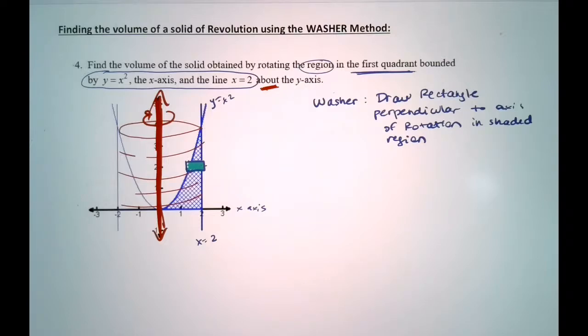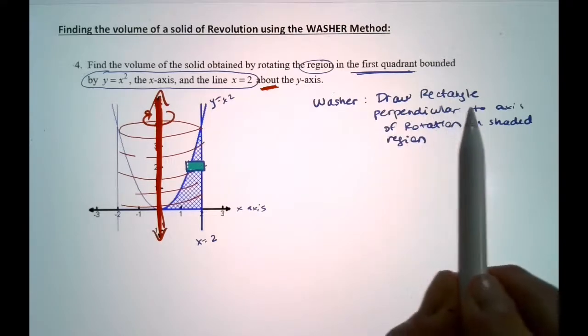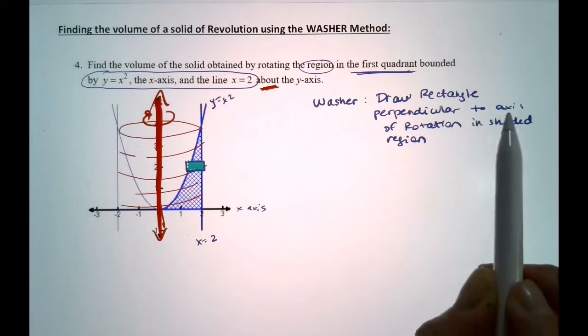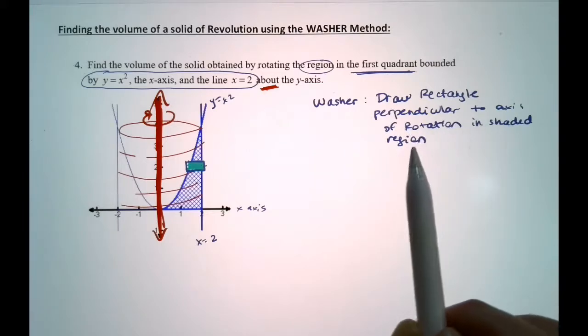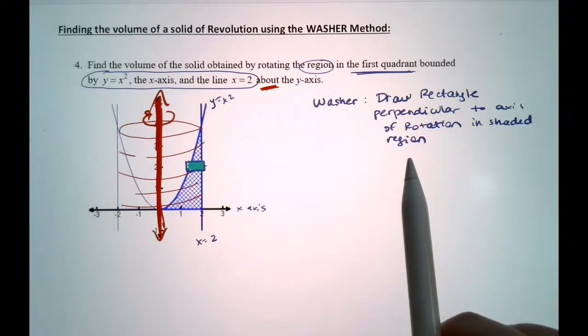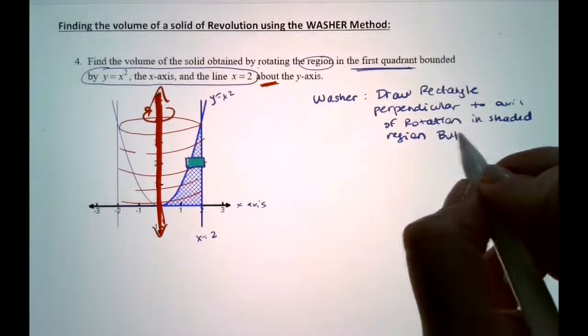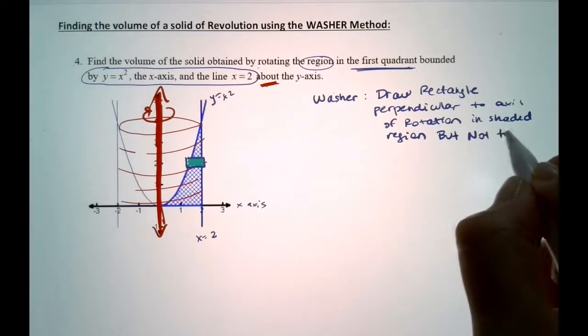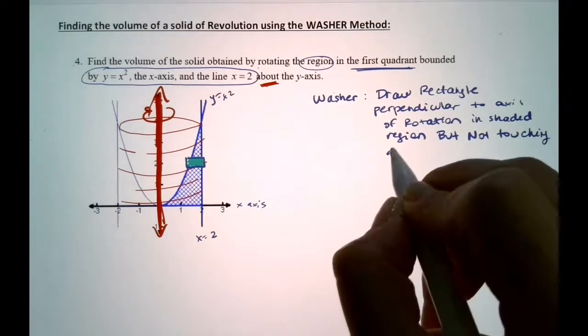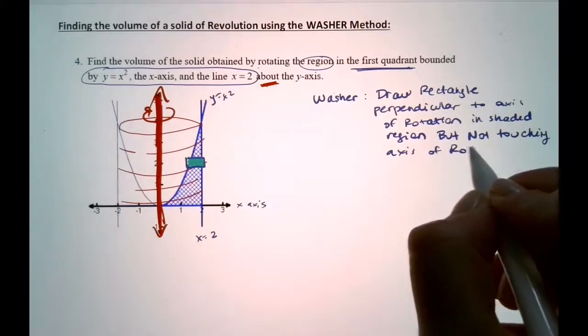So I'm going to add to my description over here. We drew a rectangle, it was perpendicular to the axis of rotation in the shaded region. That's all the same stuff we said for the disc method. But it's not touching the axis of rotation. You've got a gap in the middle.